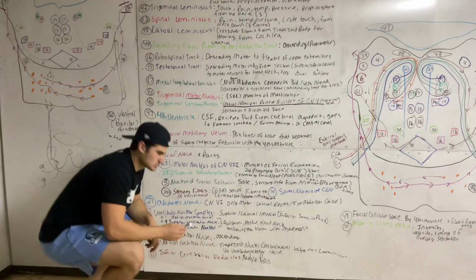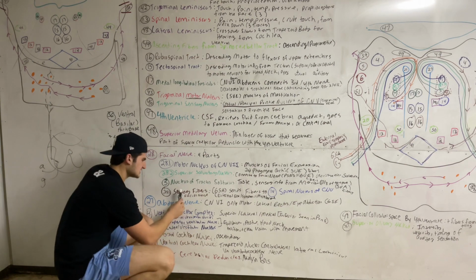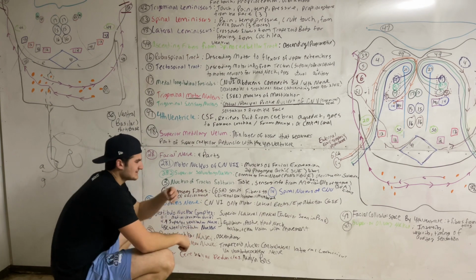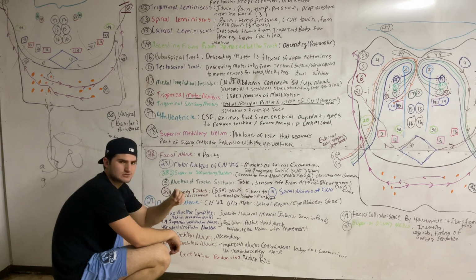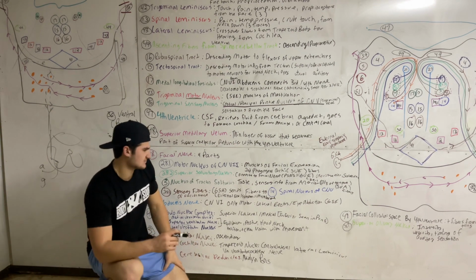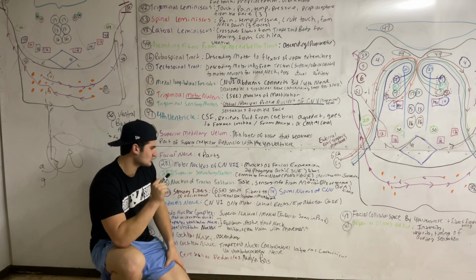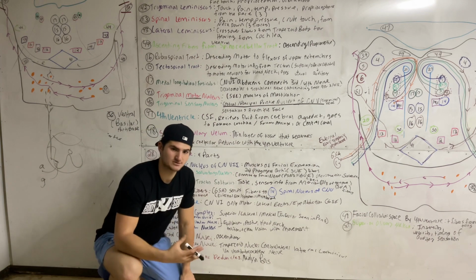Afferent. Now, next one, 28.3, we saw him in the last video. Sensory fibers of the facial nerve. He's going to send these fibers to the spinal nucleus of cranial nerve 5. What is cranial nerve 5? It's the trigeminal nerve.